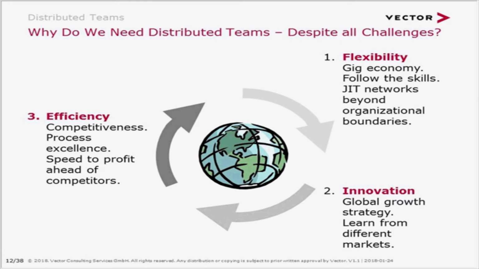So we have ecosystems which go beyond company borders. We have supply chains which obviously go beyond these borders, but we also have what is recently called the gig economy, where people more and more join a project for the short term with very specific skills, but would then also leave again. And that together is the key focus today when it comes to distributed teams.